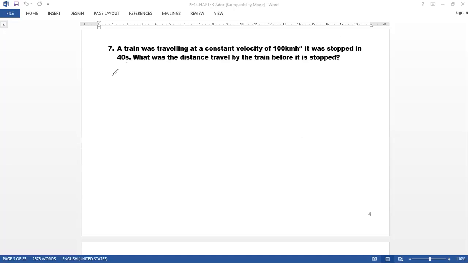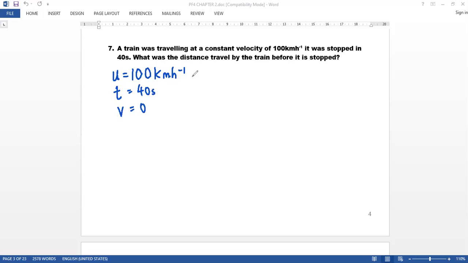So it was traveling at initial velocity of 100 kilometer per hour, and it was stopped in 40 seconds. It took 40 seconds to be stopped. So once an object moving and you stop the object, the final velocity should be 0.